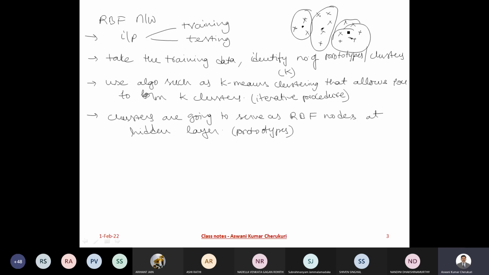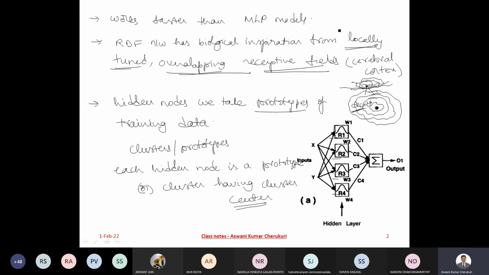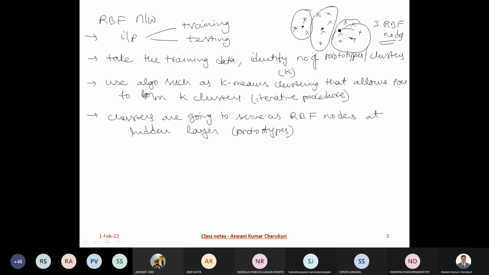Now these three clusters are the prototypes, forming three RBF nodes. In this particular example you have three nodes. In the previous slide, you saw four clusters or four prototypes. Is that clear?